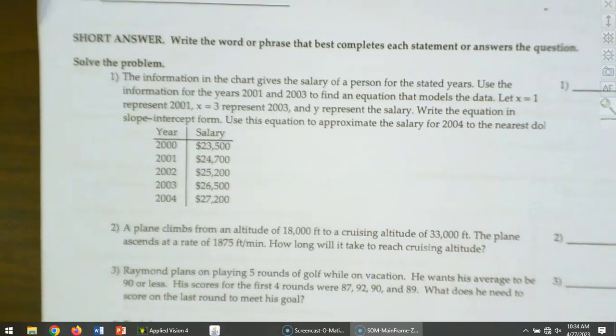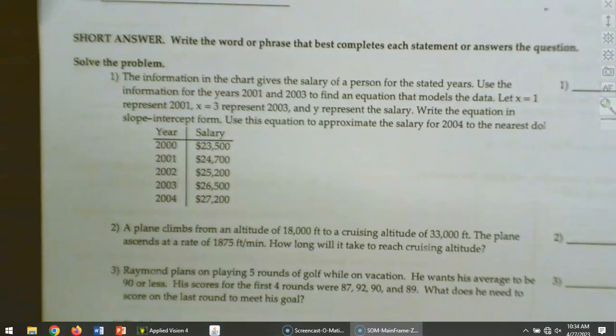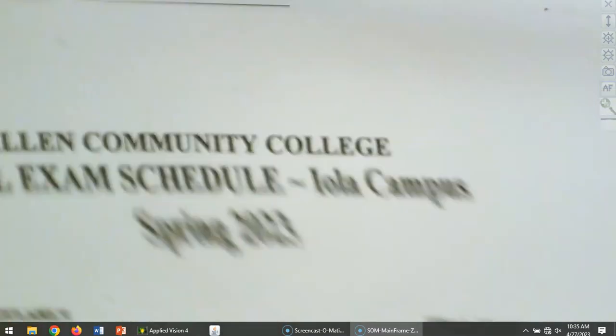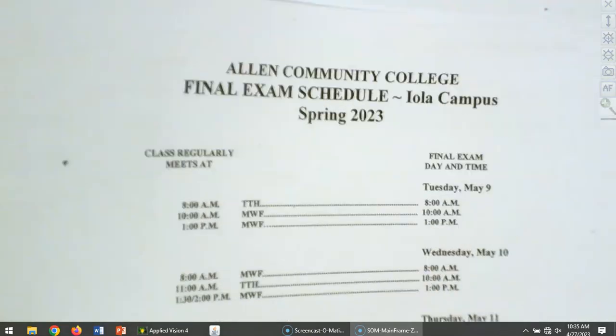I'm going to go ahead now, before I forget to, and pass out your final exam schedule. Just make sure you come to class on the time that your final exam is. Let's make sure we know what time our final is going to be. And again, I keep going over it with everyone because I don't want anyone to be here on the wrong day.